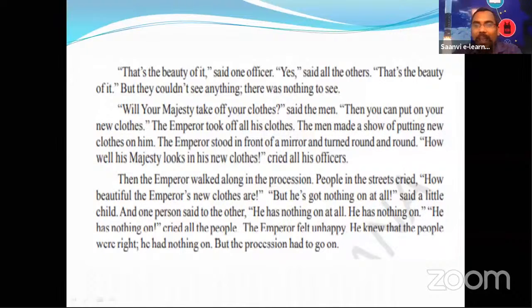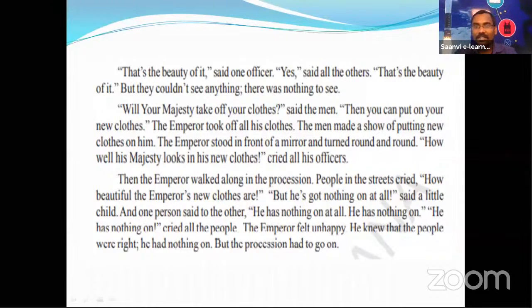Then the men made a show of putting new clothes on him. They just acted like putting the new clothes on the body of the emperor. Actually, there were no clothes at all. The emperor stood in front of a mirror and turned round and round. How well his majesty looks in his new clothes, cried all his officers.